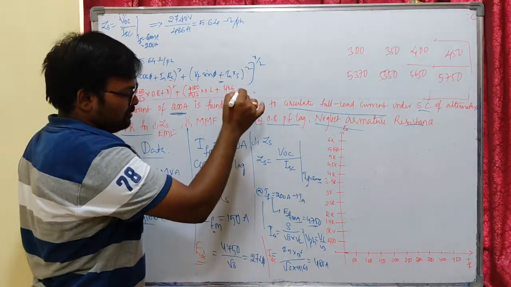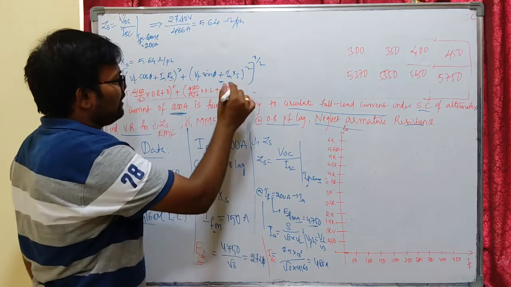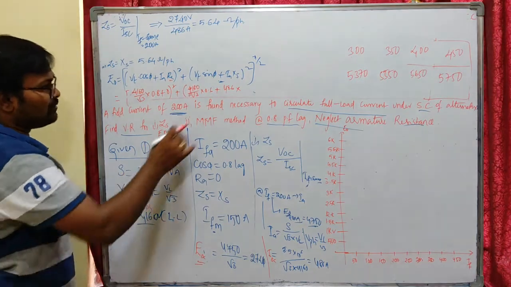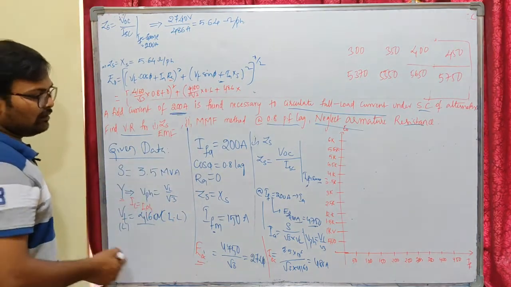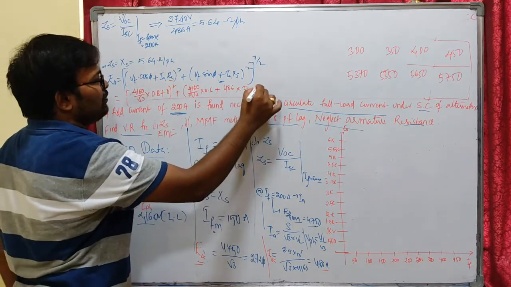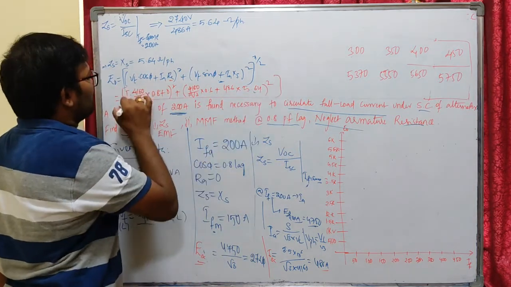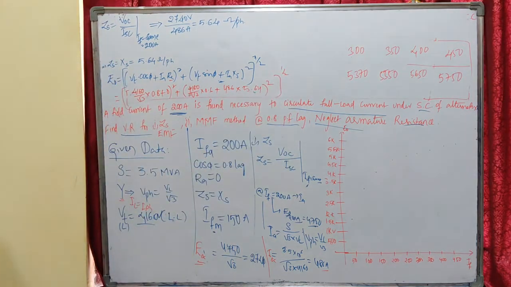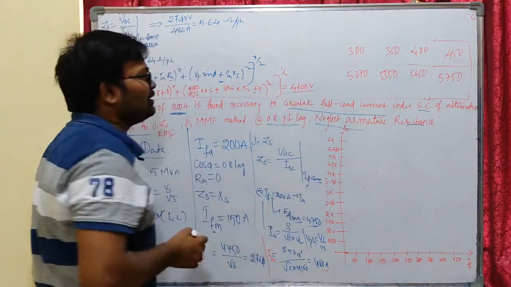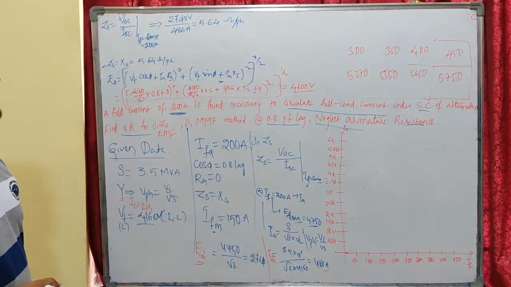For star connected, the line value IL equals I phase, so the phase value is equal to the line value, 486, into XS, which we obtained as 5.64 ohm per phase, whole square under root. This is our voltage E naught. So the value will be equal to 4600 volts.